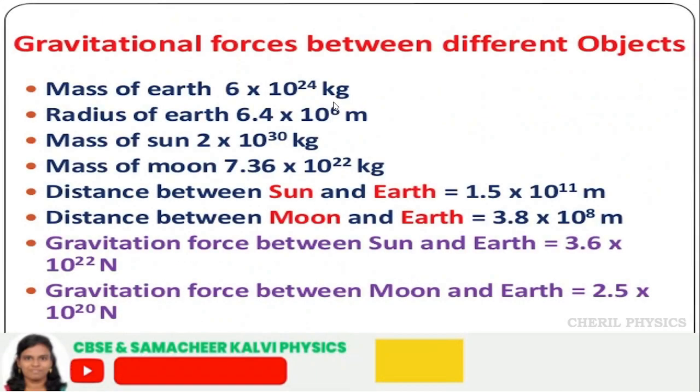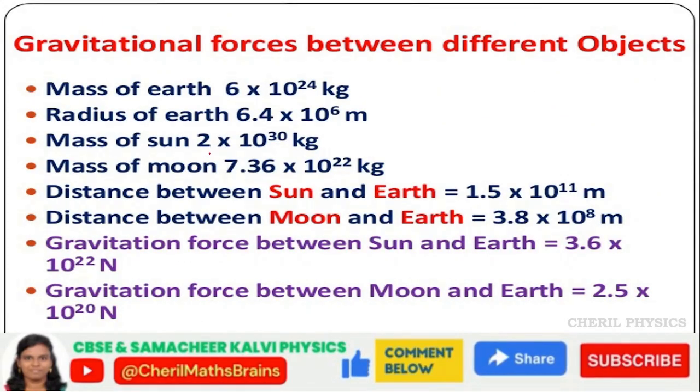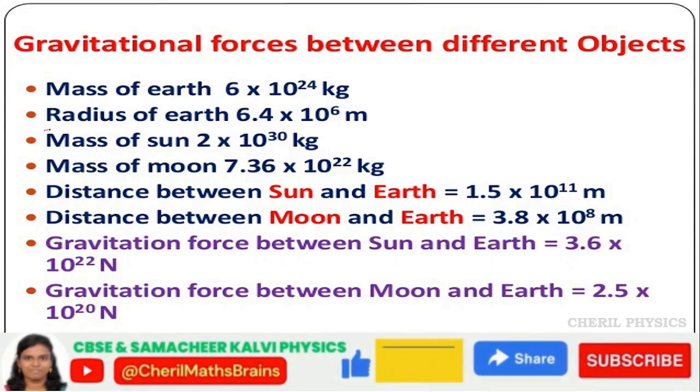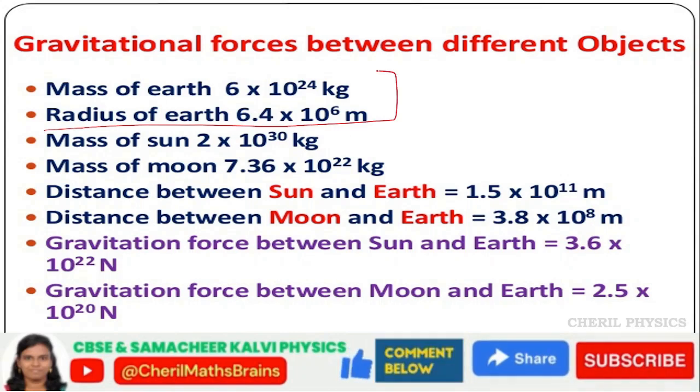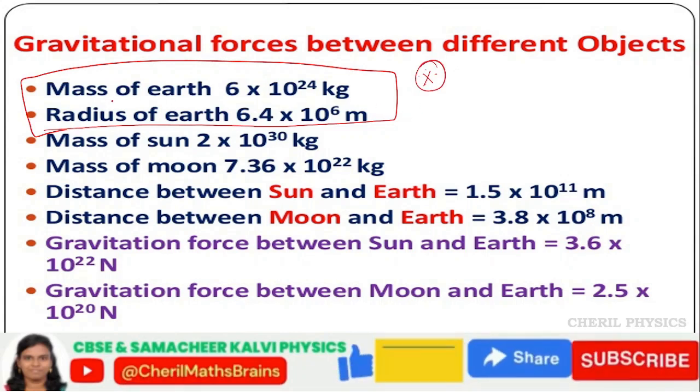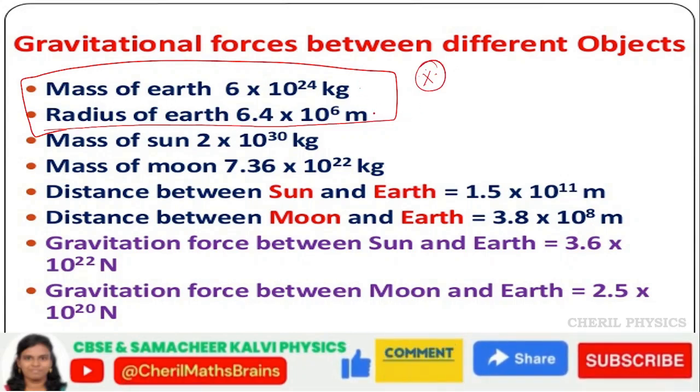Is it clear, children? I've mentioned many values here. Out of these, it is enough for you to remember these two alone. But these two are very, very important. If you forget these two, it will be difficult for you to solve numericals.